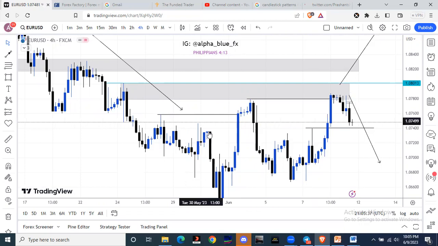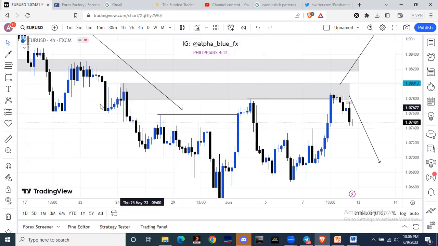So I have two confluences here now. Confluence is like more reasons behind your decision on either buying or selling. The more reasons you have, the more confirmations you have. That is what is called the confluence. So now, assuming this is my strategy, one confluence: price has taken out a high right here, so I'm expecting that price will go down.